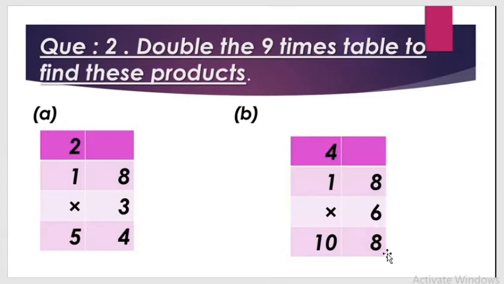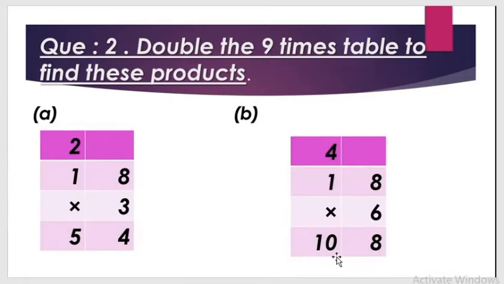How can we write 48? 8 down and 4 as a carry. Then 6 ones are 6, 6 plus 4 is 10.